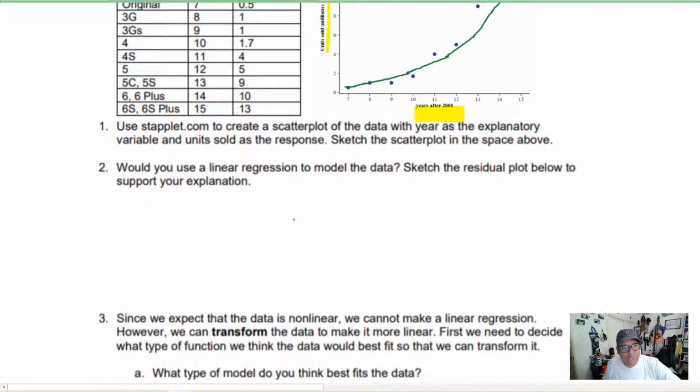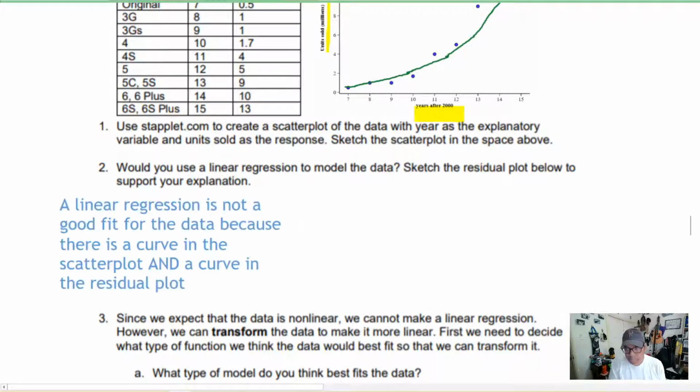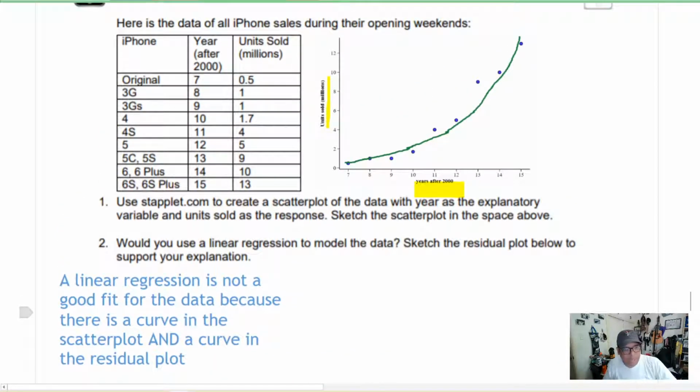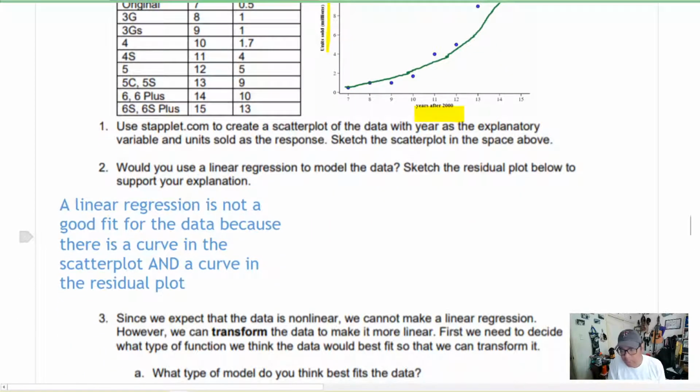So would you use a linear regression to model this data? And here's what I think. A linear regression is not a good fit for the data because there is a curve in the scatter plot and there's a curve in the residual plot, which we'll look at right now.